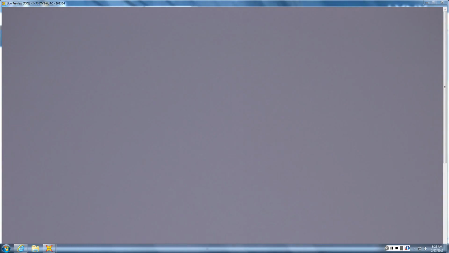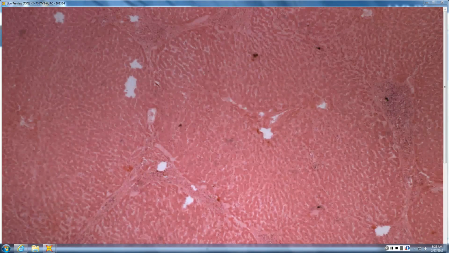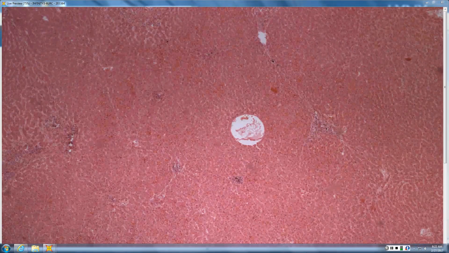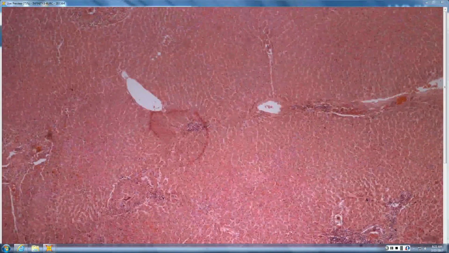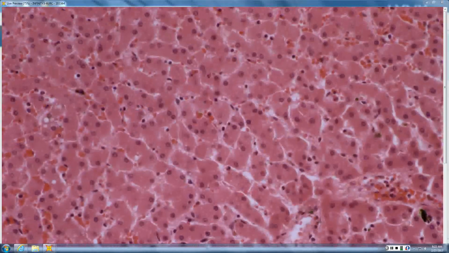Let's see. We may or may not be able to see it. It's probably worth trying. It's something kind of liver? This is liver, absolutely. So you get the liver again. And within this liver, you've got these things.